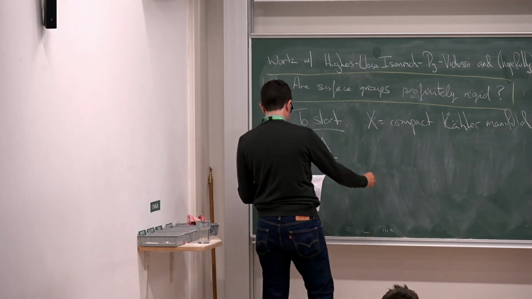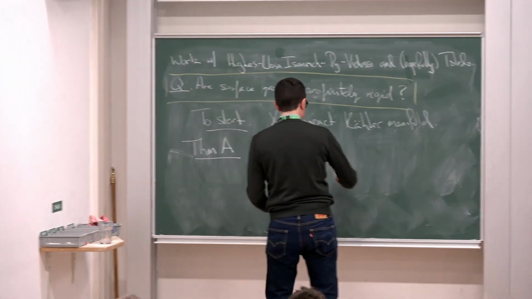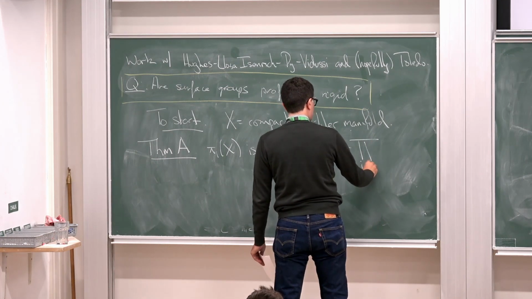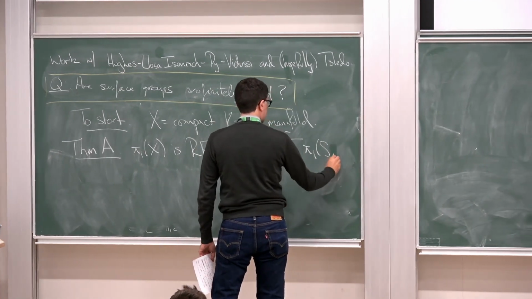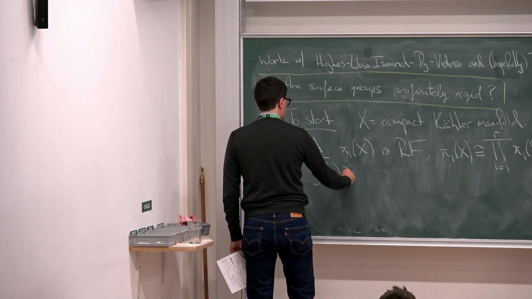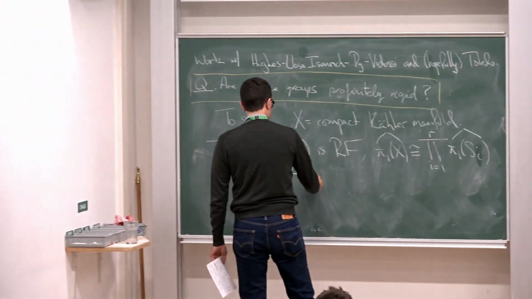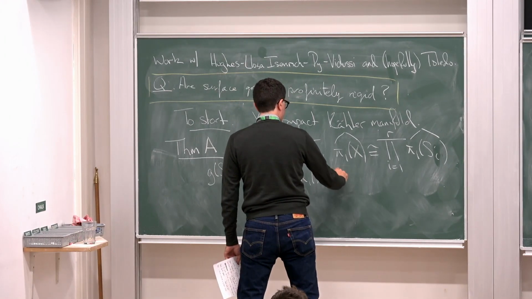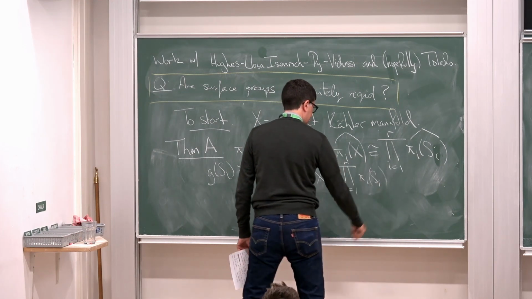So here's Theorem A. If pi_1 of X is residually finite, and its profinite completion is the profinite completion of a product of Riemann surfaces of genus g_i, each greater than or equal to 2, then this is in fact an isomorphism.